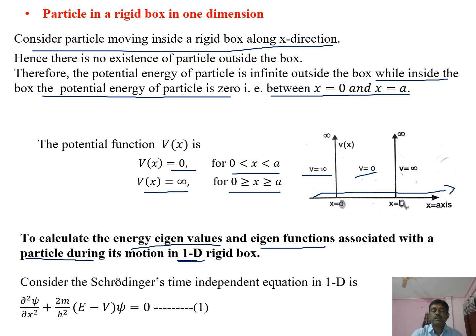consider Schrodinger's time-independent equation in one dimension: d square psi by dx square plus 2m divided by h cross square, times E minus V, psi is equal to 0, equation number 1.